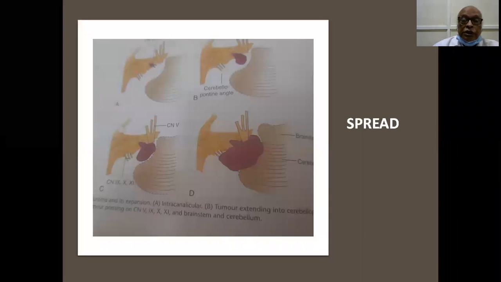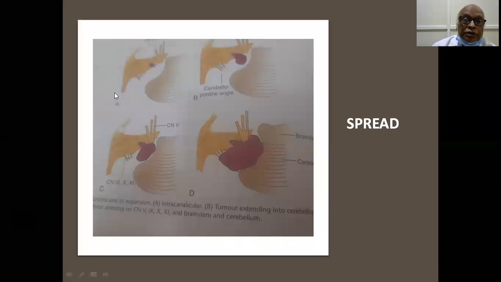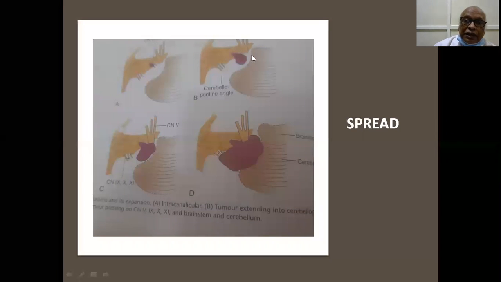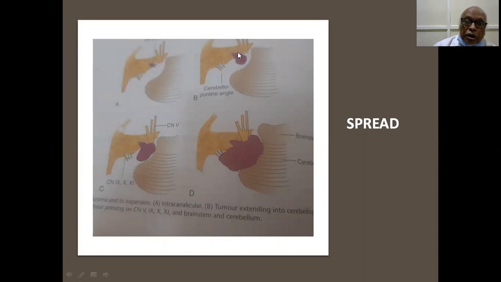You can see in this diagram, this is the earliest tumor, intracanalicular. It has increased in size. It has gone beyond the internal auditory canal toward the cerebellopontine angle. And it is almost approaching the fifth nerve.